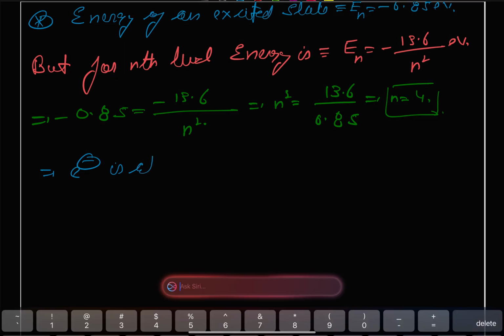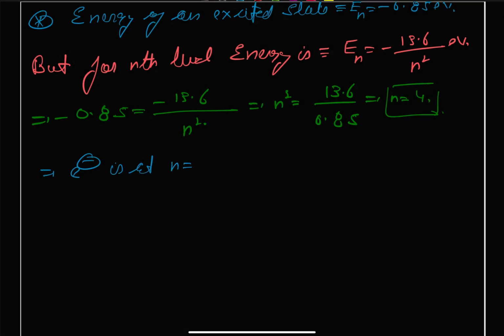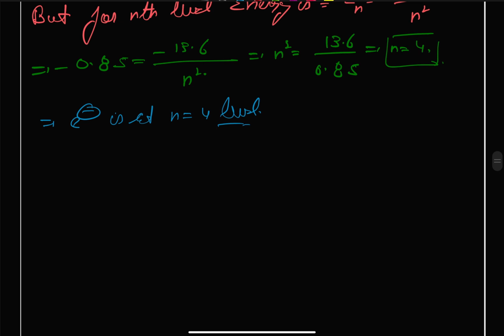Electron is at n is equal to 4 level, and we can find out the transitions. We can say number of transitions, we can use the standard formula also, or we can just find out how the jumps are going to take place, like 4 to 3, then 4 to 2, 4 to 1, and then the intermediate ones, something like that.